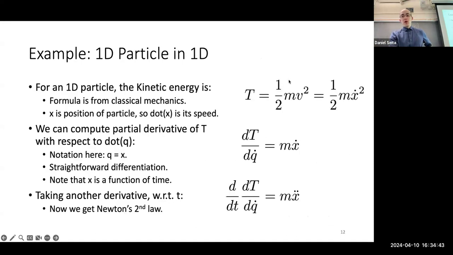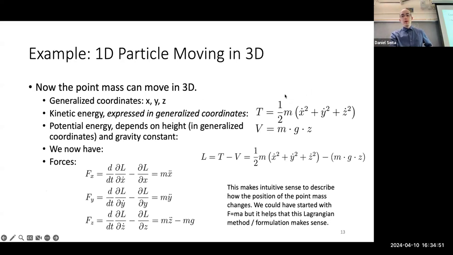If you look at this equation here, we had 1/2 times m times the speed of the particle. You can write it out like this, where you have 1/2 times m times the velocity squared in the x direction, and then the y direction, and then the z direction. This is how you would write the kinetic energy.